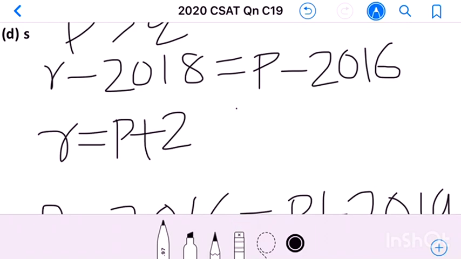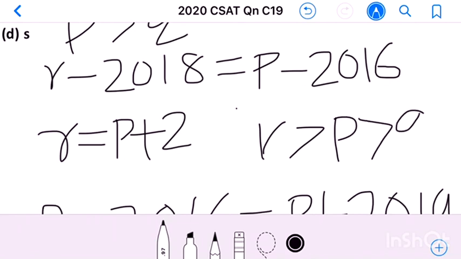R is equal to P plus 2. Adding 2 to P we get R. That means R is greater than P. And we already got P is greater than Q.